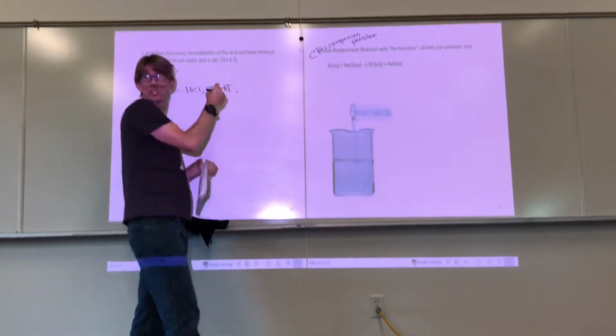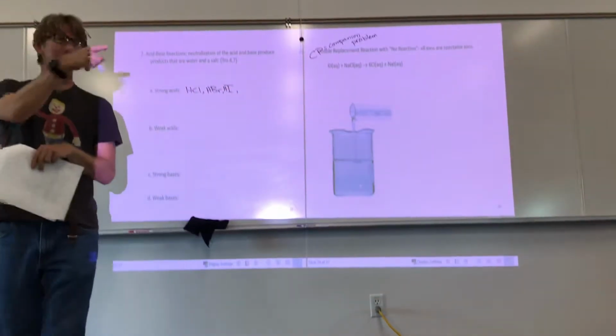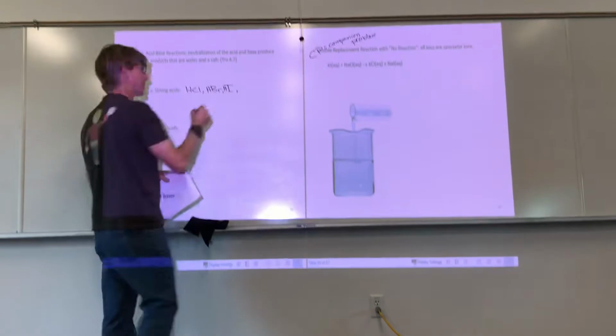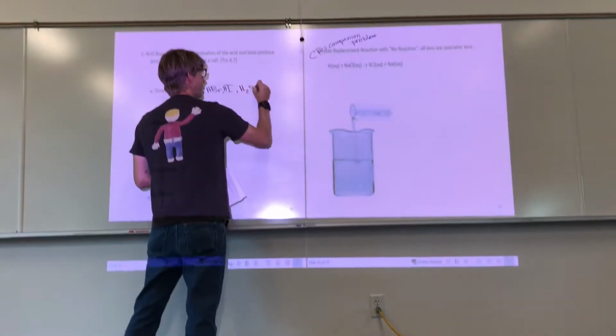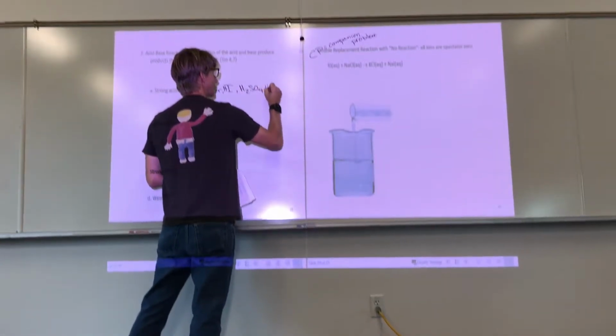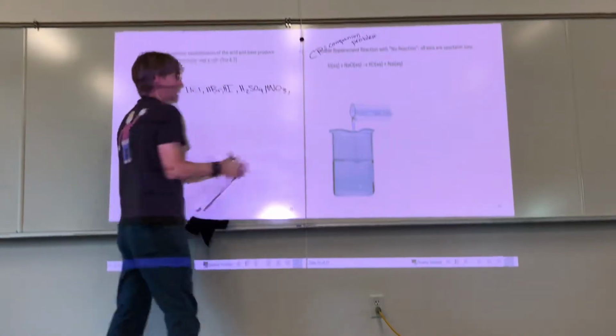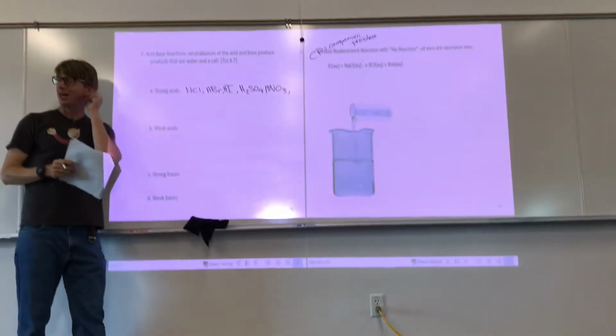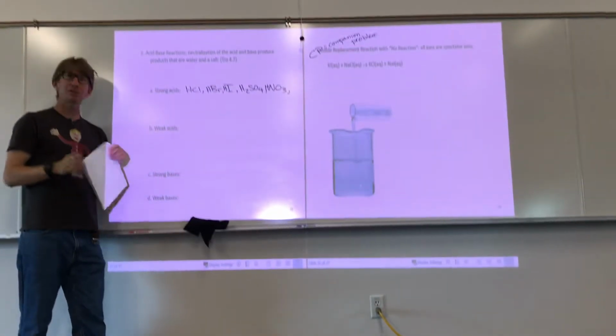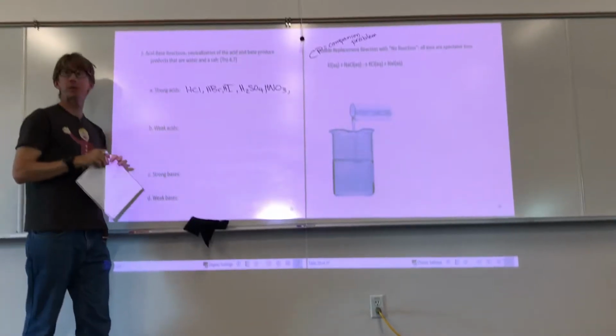Okay, this is where it sort of stops. H2SO4, sulfuric, is one. Nitric acid. And those are really the 5 most common. Those are the ones you probably saw in Chem 300, and you will see in Lab 3 in Chem 400.